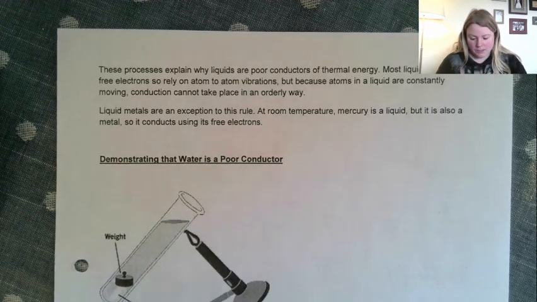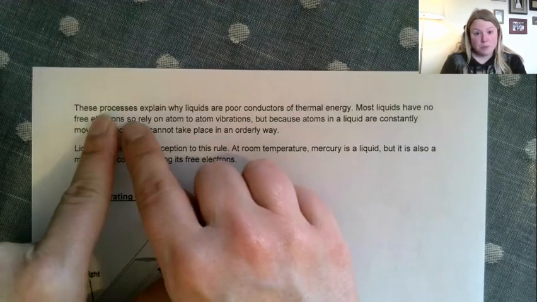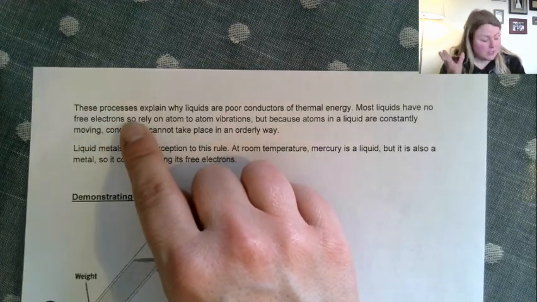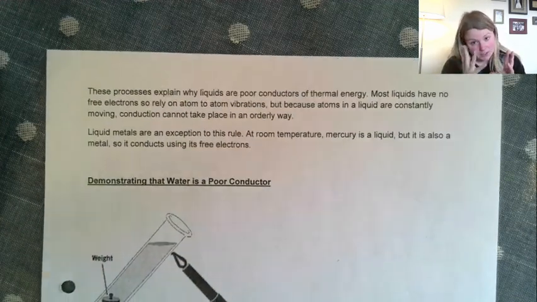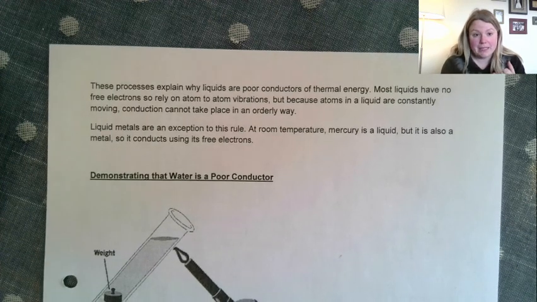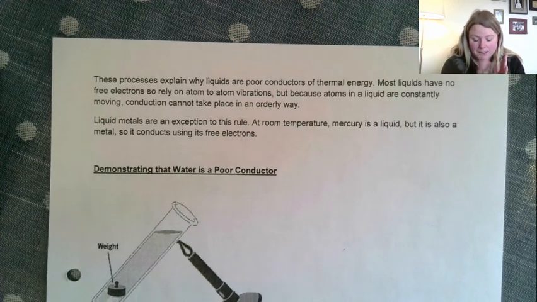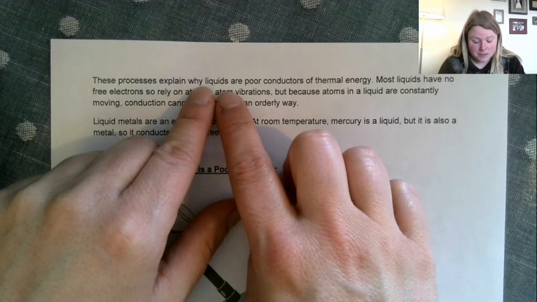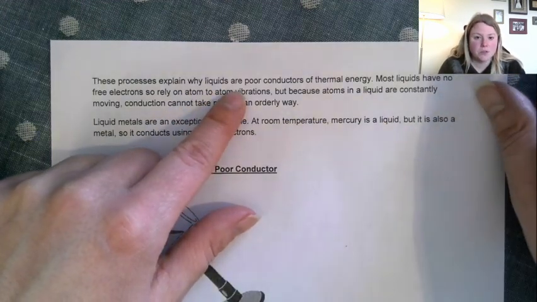Okay. Now, anyway, those processes that we have just explained, how conduction happens in solids, in the non-metals and in the metals, can help explain why liquids are poor conductors of thermal energy.